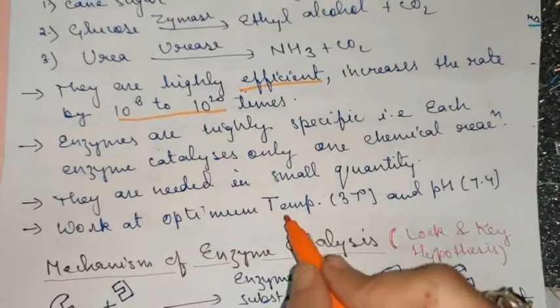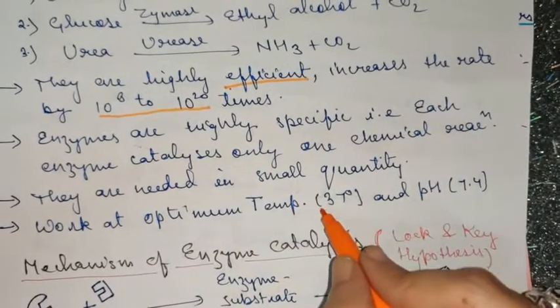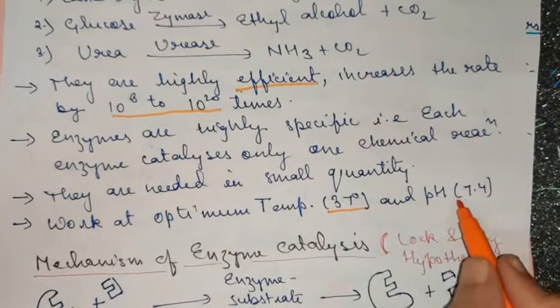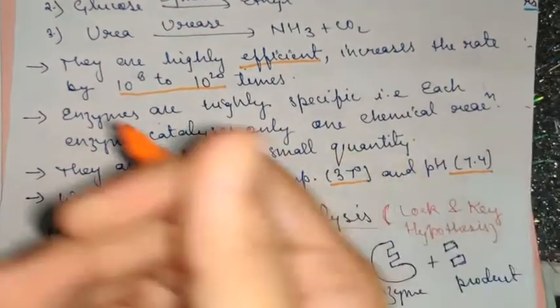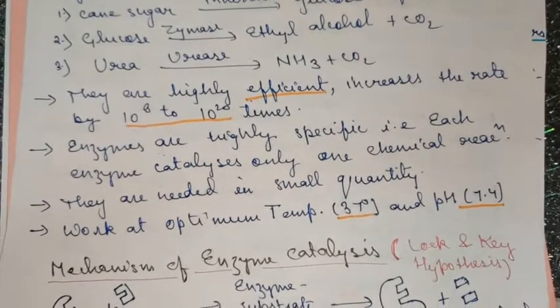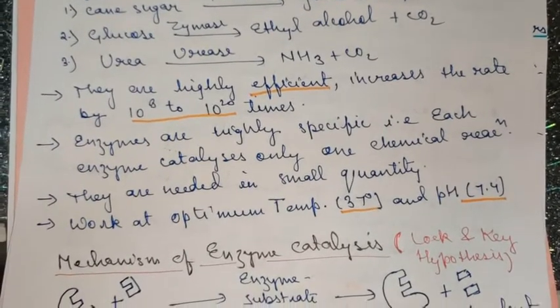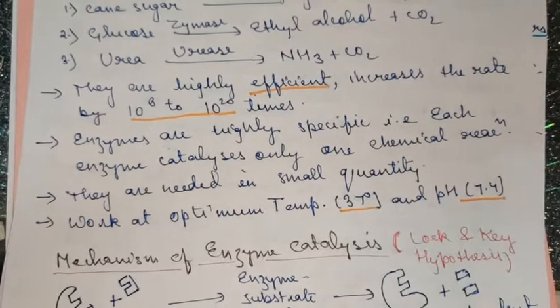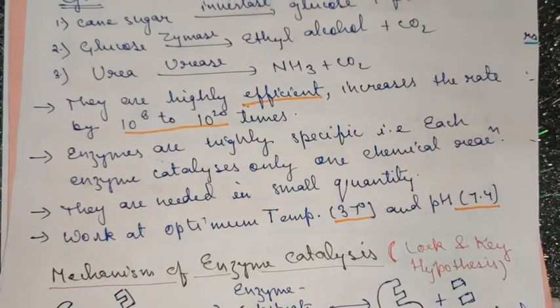They work at optimum conditions, like temperature at 37 degrees Celsius, which is the optimum temperature, and pH of 7.4. So obviously, when you have fever, when your body temperature rises, the enzyme activities get disturbed.